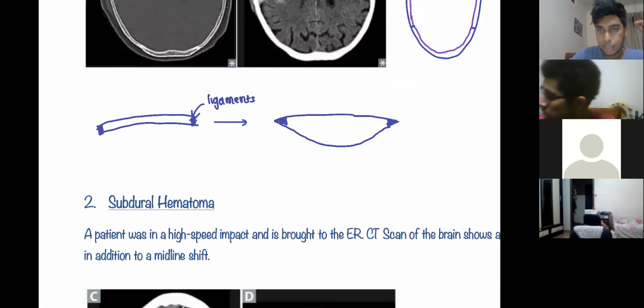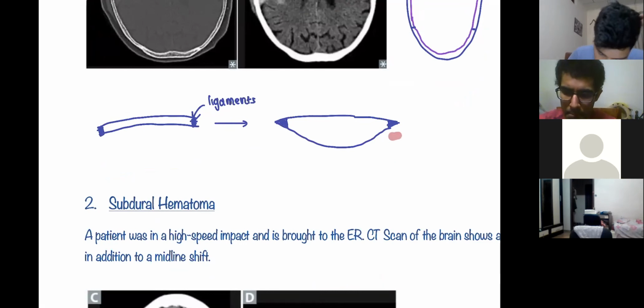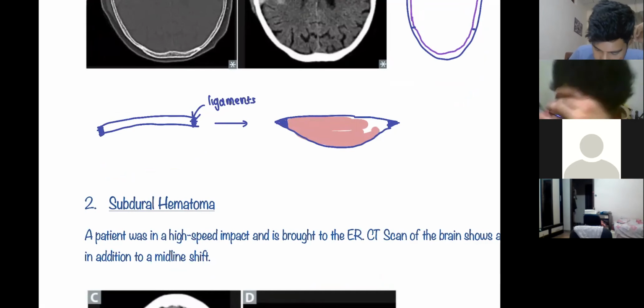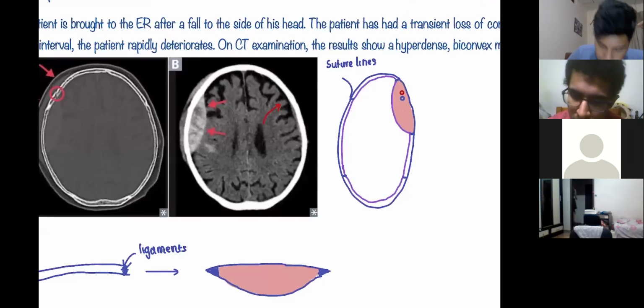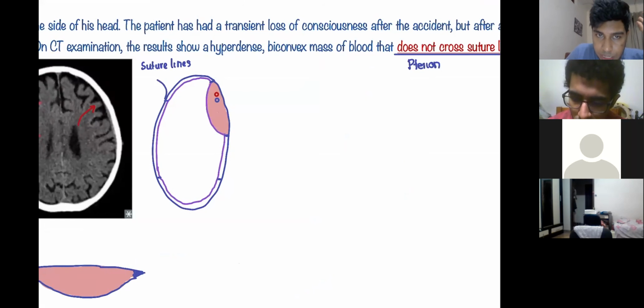Think of it like this: will the skull stretch outwards like this? It won't. The bone is the hardest substance. The ligaments are less hard and the dura is way less hard. So it is easier to stretch the dura mater compared to the ligaments. That is why we get this shape, and that is why we say it does not cross suture lines. I hope you guys understand.